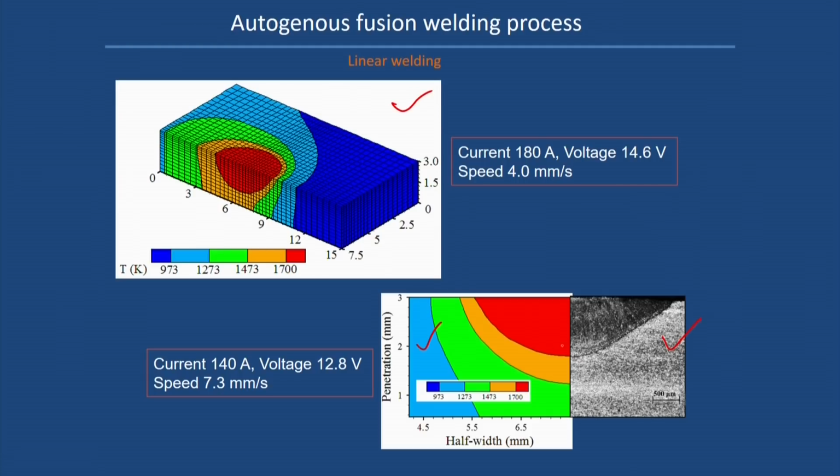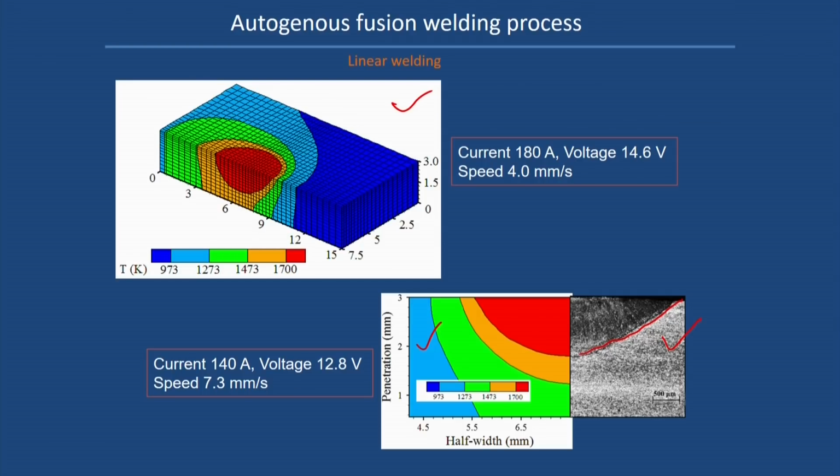The red color is the fusion zone, and this represents the fusion boundary. More or less it matches between the experimental and numerical model data for a specific welding condition. So, this is the way to analyze the actual welding process, what happens in practice, which can be represented in terms of a mathematical model and computational calculation.